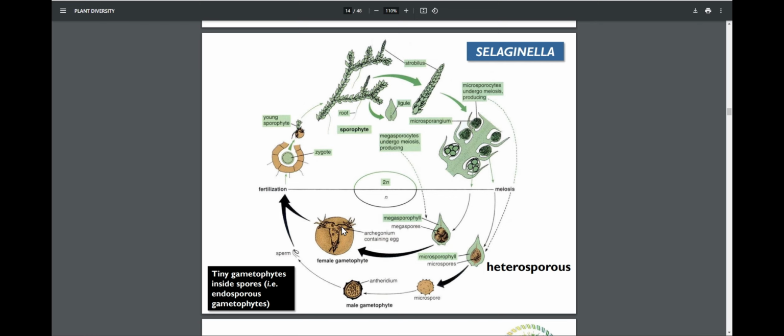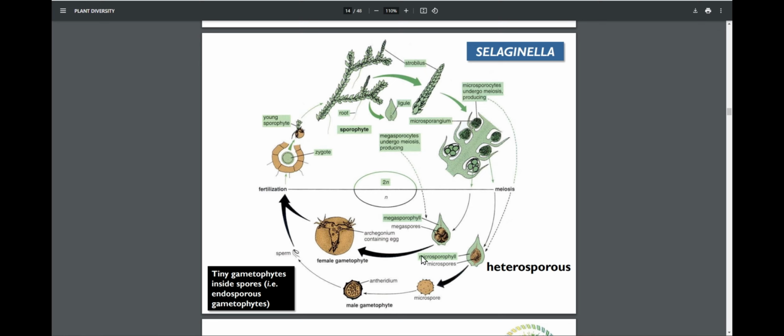And this is another life cycle where the cycle is formed and then the young sporophyte grows into the adult in different strobilus or strobili. The megasporocytes, the mother cells of the megaspores, would produce megaspores through meiosis, while the microsporocytes would produce microspores.